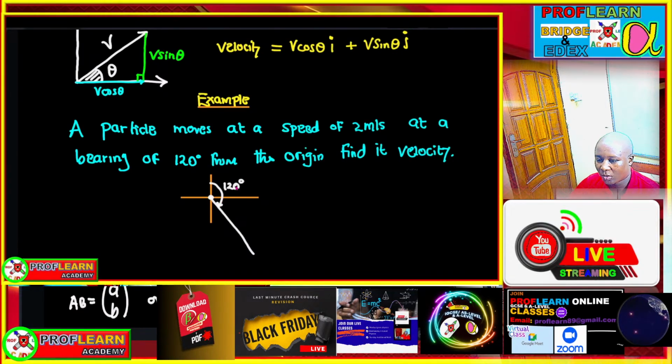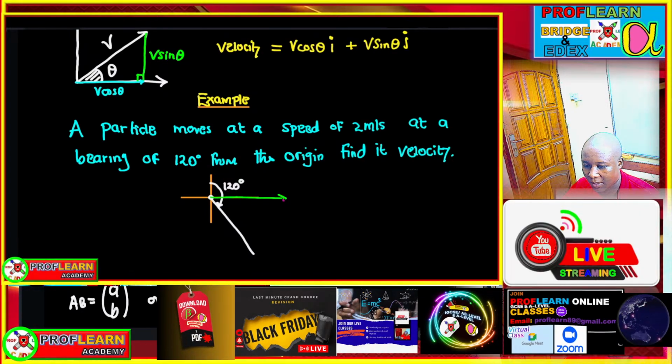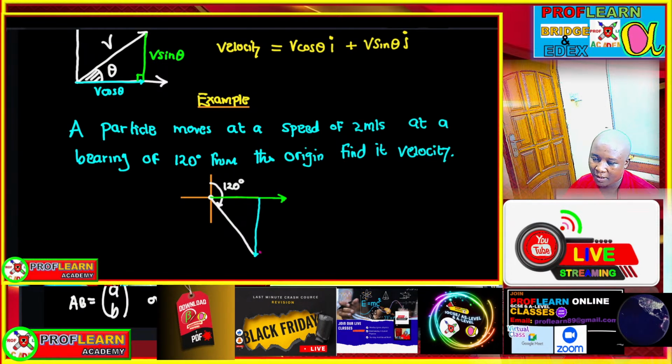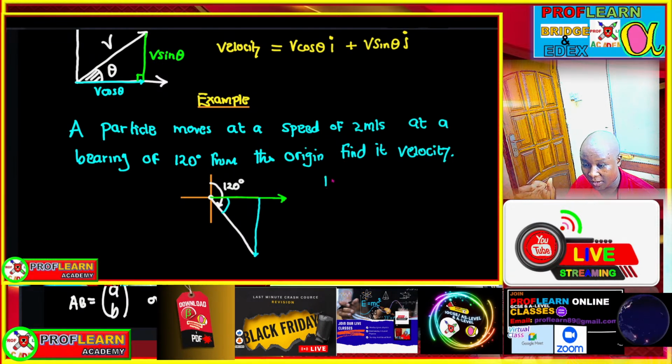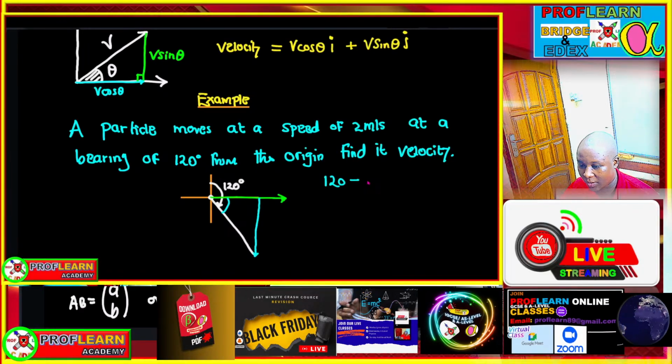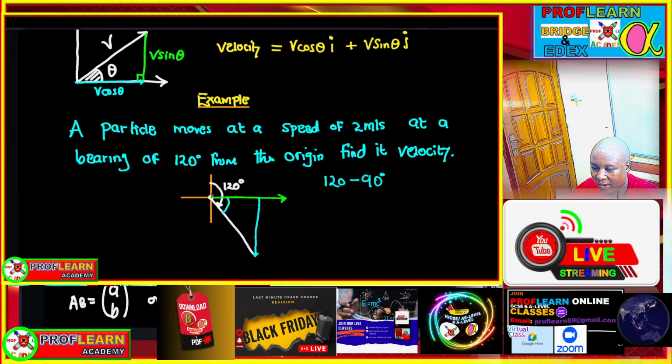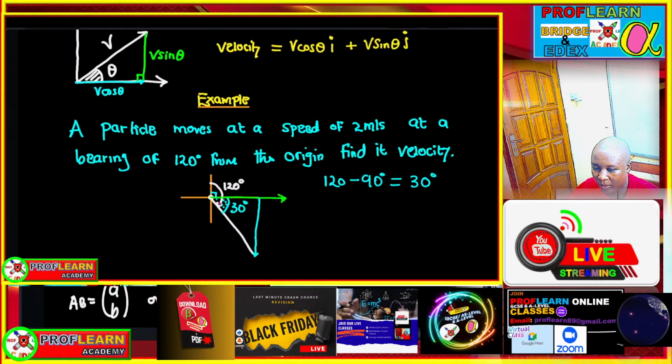But what we need to remember is that we have the horizontal components and also the vertical components. The horizontal component goes east, the vertical component is going to the south. So for us to know which angle we have, it is 120 minus 90. So this angle here is going to be 30 degrees.